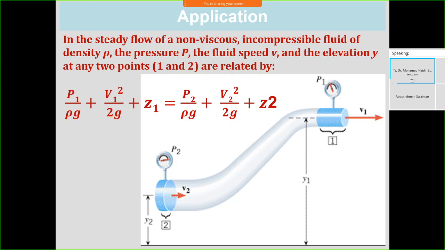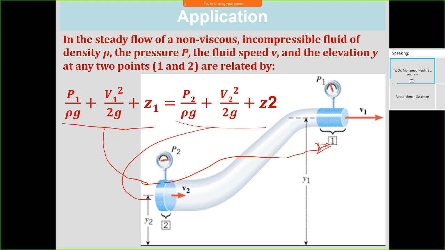P over rho g plus v squared over 2g plus z at point 1. This part here refers to point 1, and this part here refers to point 2.